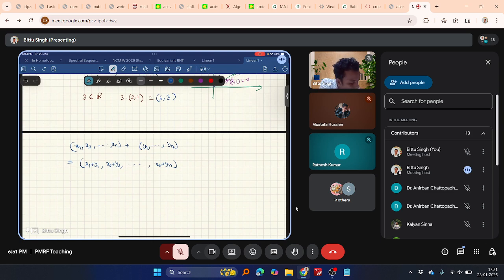Similarly, if c is a scalar, then c times the vector x1, x2, up to xn is the same as cx1, cx2, up to cxn. So this is how we can define addition and scalar multiplication.